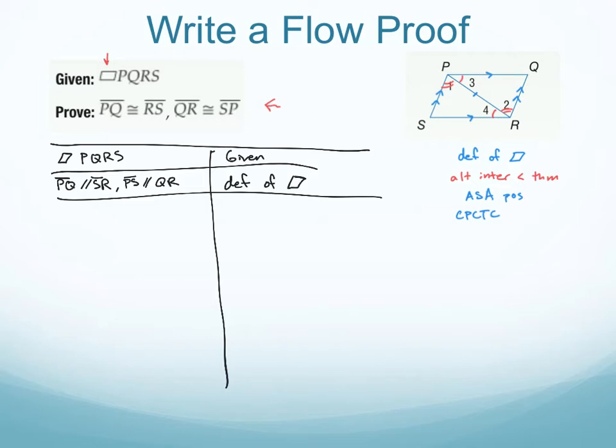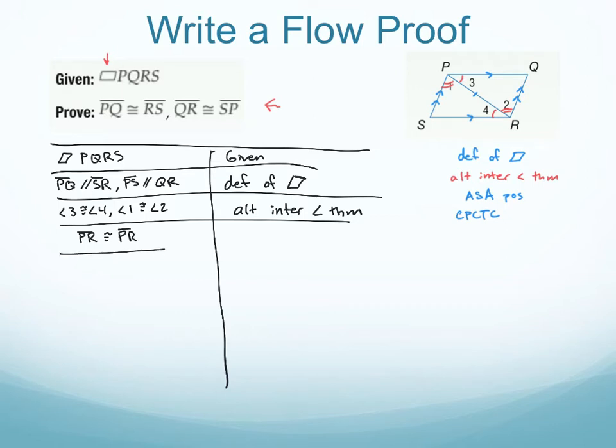And literally all I'm doing is going down my notes over here, which means then that angle 3 is congruent to angle 4, and angle 1 is congruent to angle 2 because of the alternate interior angle theorem. And then I can say that PR is congruent to PR. It's congruent to itself because of the reflexive property.